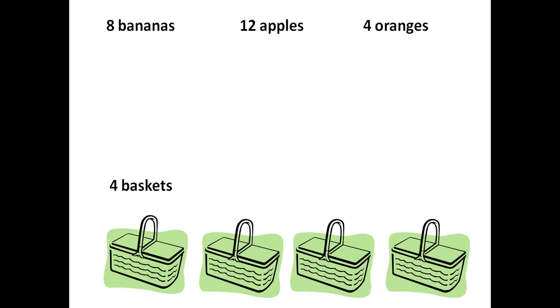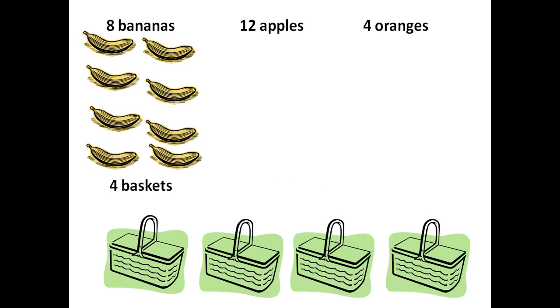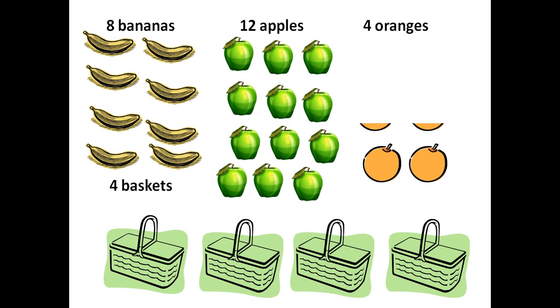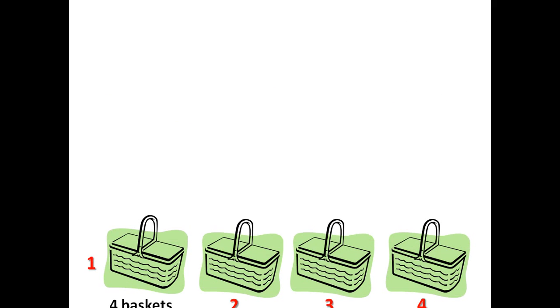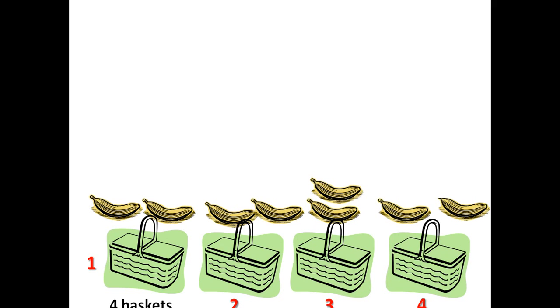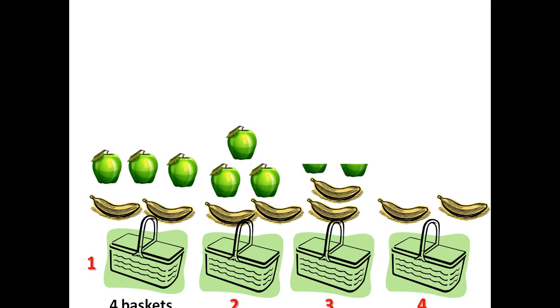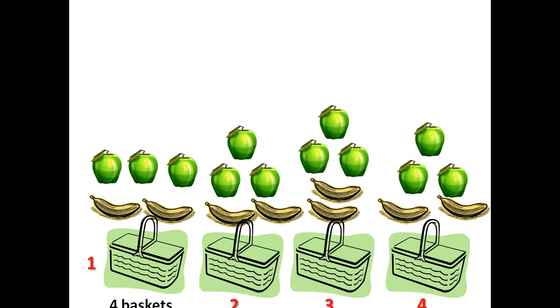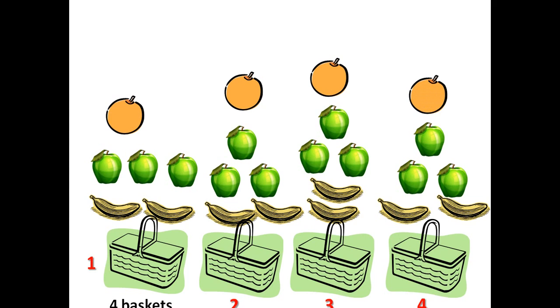Now let's try with one more. Let's try this example with 4 baskets. In this case, we have the following situation. In 4 baskets, you can put 2 bananas per basket. That's an equal distribution. 3 apples per basket, again an equal distribution. And finally, 1 orange per basket.